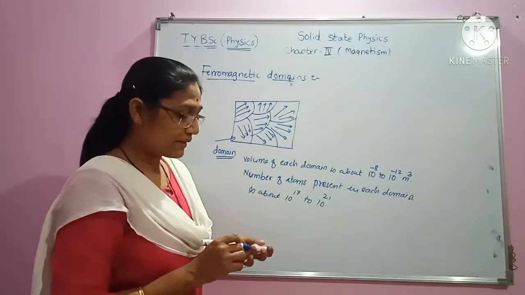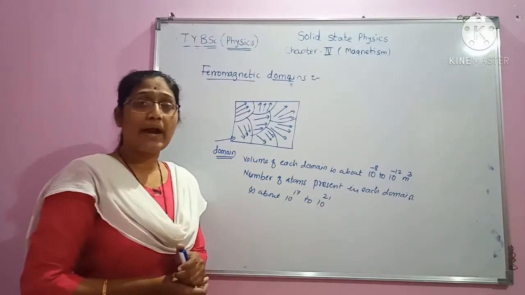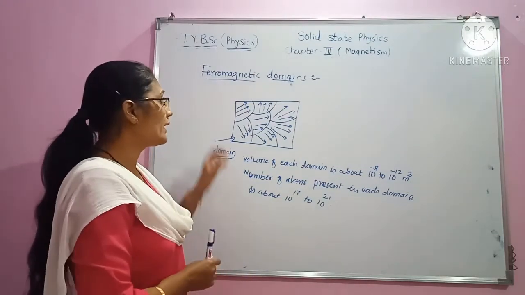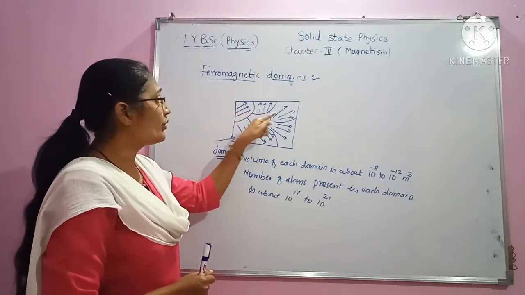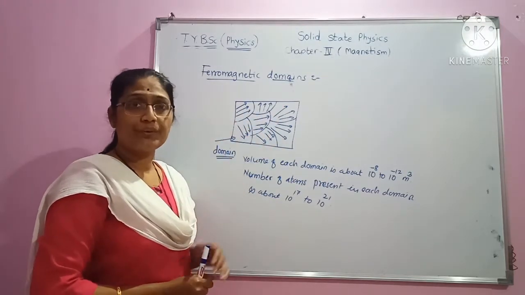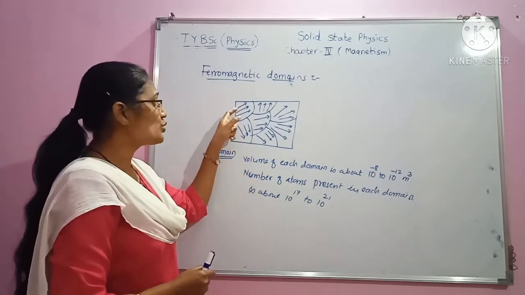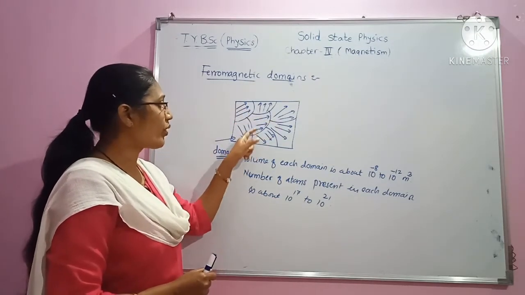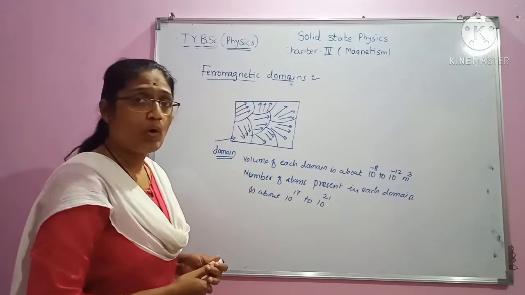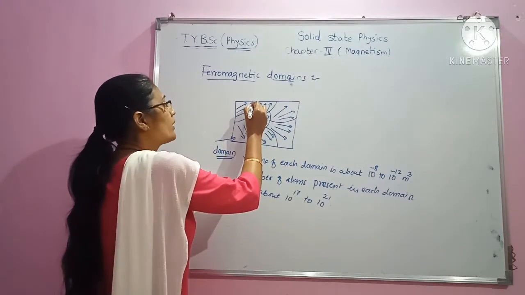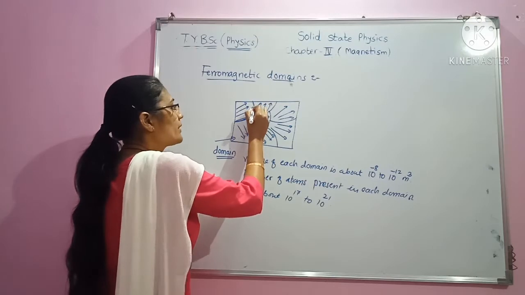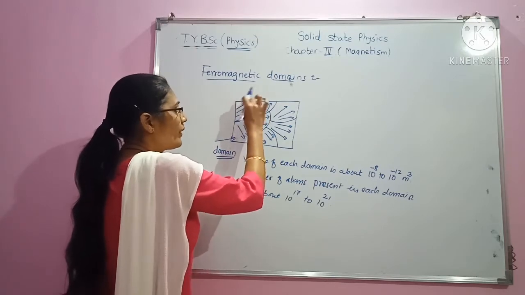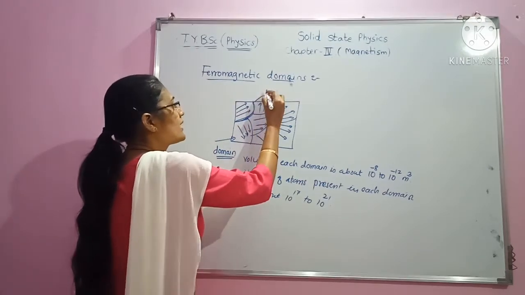It means that a large number of atoms are located inside each domain, and each domain will have its own orientation. These domains are separated from one another by a wall, and this wall of separation of one domain from another is called a domain wall.